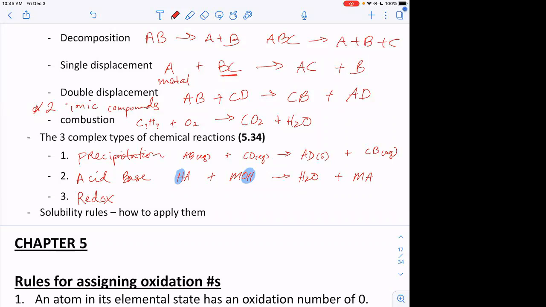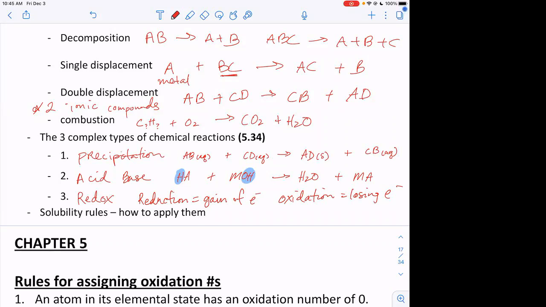So reduction is the gain of electrons, and oxidation is losing electrons. That's where you come up with OIL RIG. Reduction is the gain, oxidation is the loss.